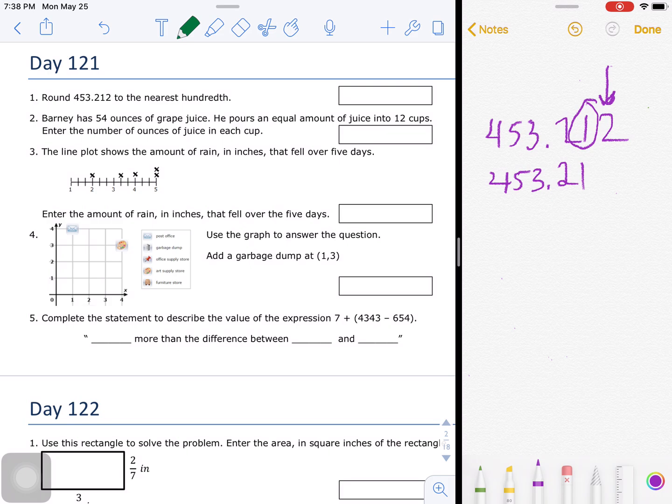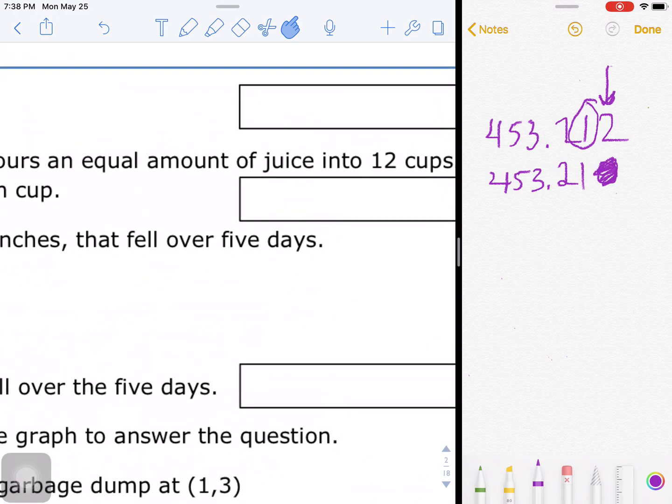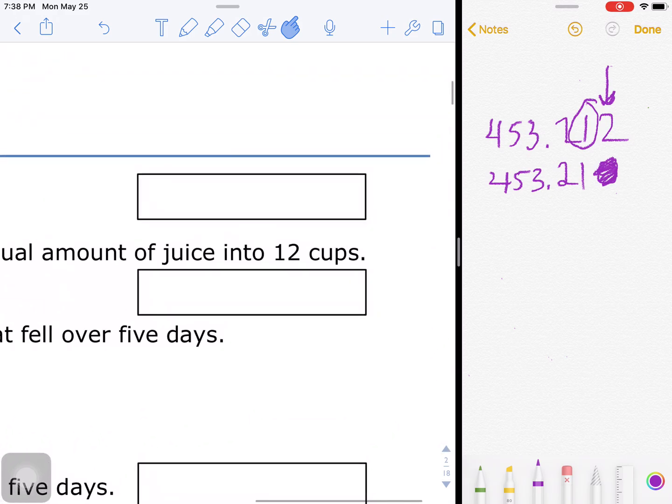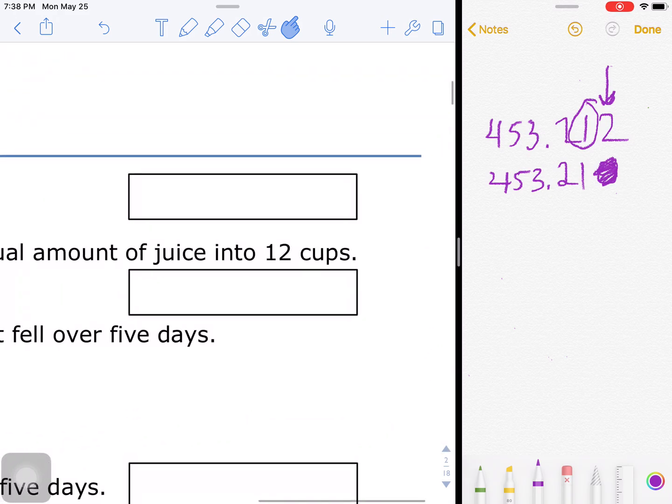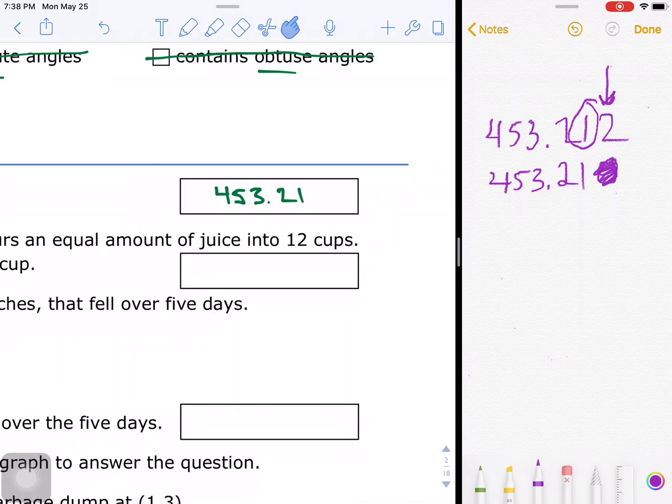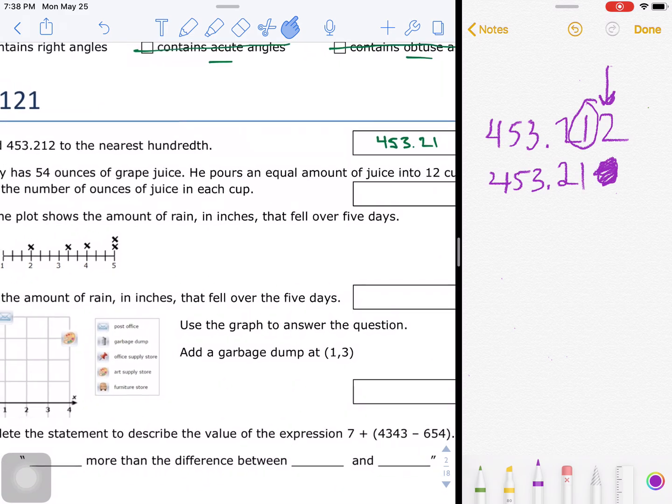And notice we know that it's 210 thousandths, but because we're told just to round to the nearest hundredth, we're only going to go to the hundredths place. So our rounded value would be 453 and 21 hundredths. There we have it.